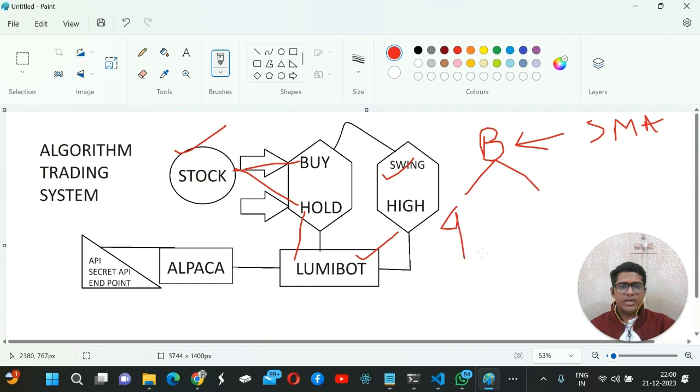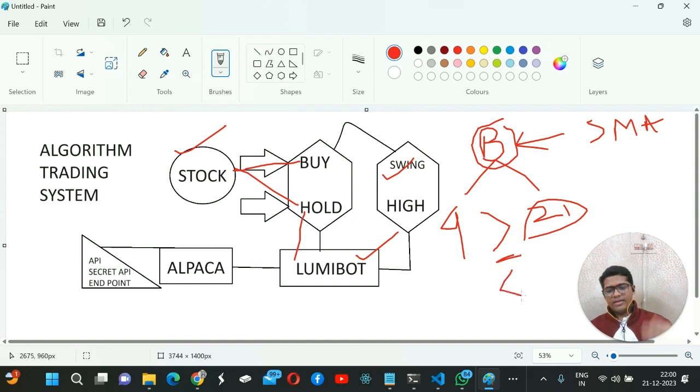There are basically 9-day and 21-day calculations. If the 9-day simple moving average is greater than the 21-day simple moving average, then a buy signal is called for, and if this operator is less than, then a selling signal is called for.